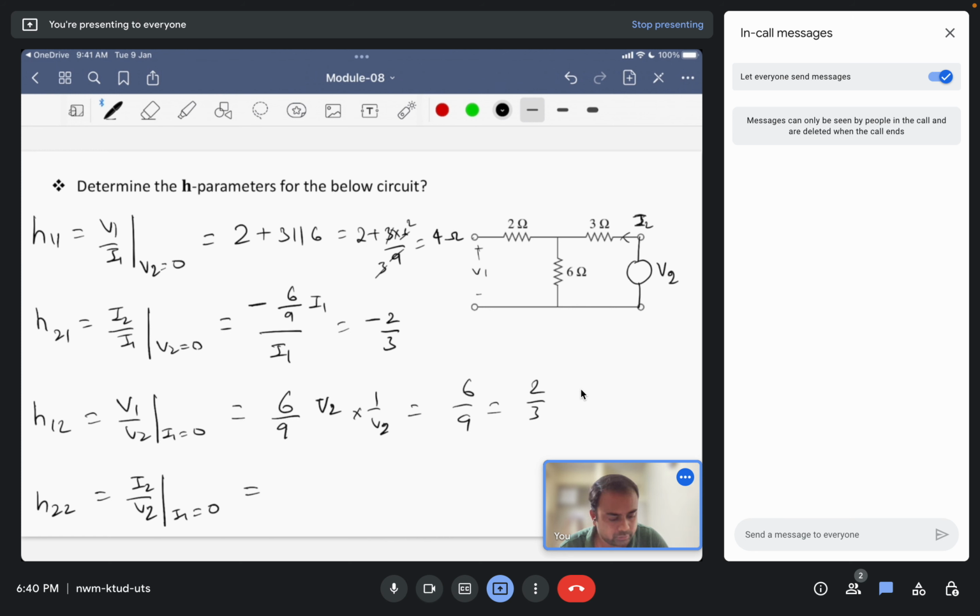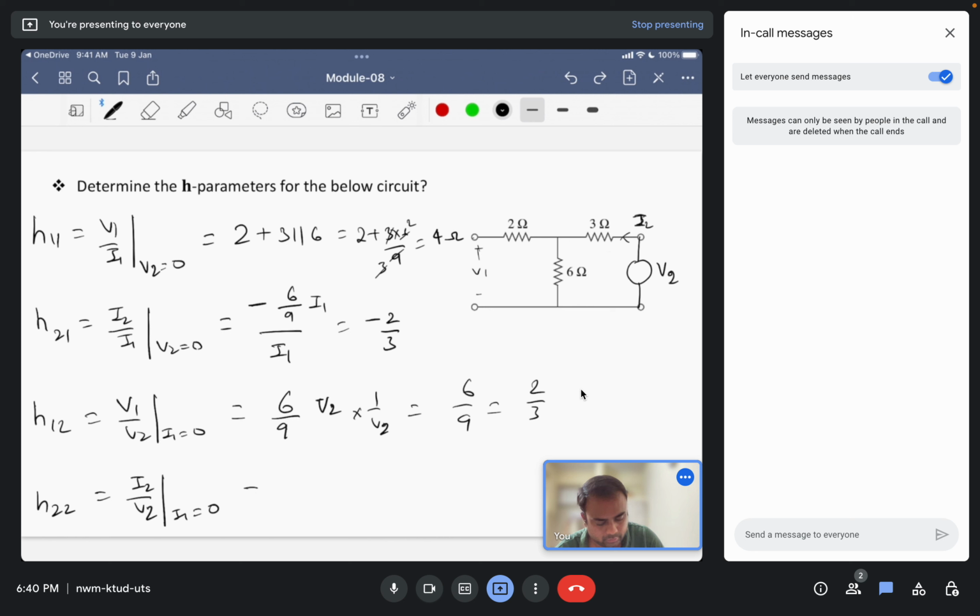So for I2 by V2, since this is open circuit, no current will flow, so this will simply be the sum of 3 and 6, that is 9. But the signs are opposite.